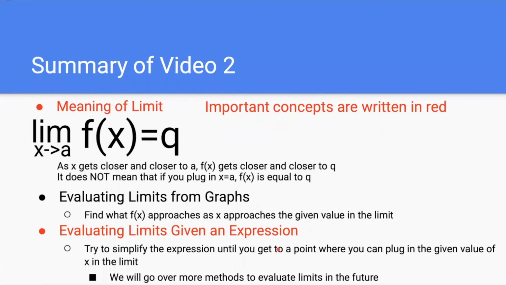All right, so here's a summary of today's video. So the important concepts that you need to remember, first you need to remember what limits mean, and then you need to remember evaluating limits given an expression. So how to use algebra to simplify the expression and then solve.